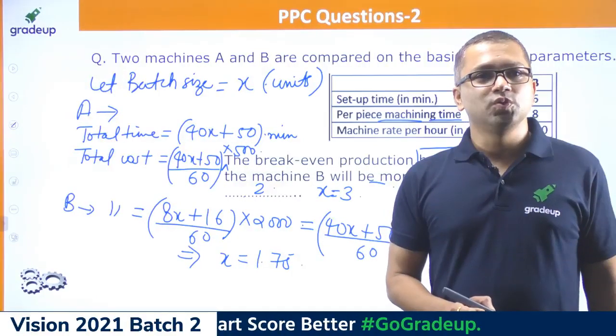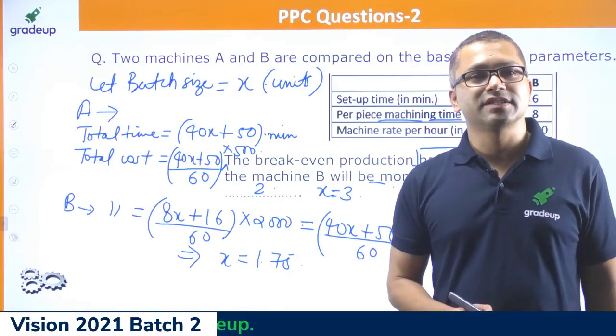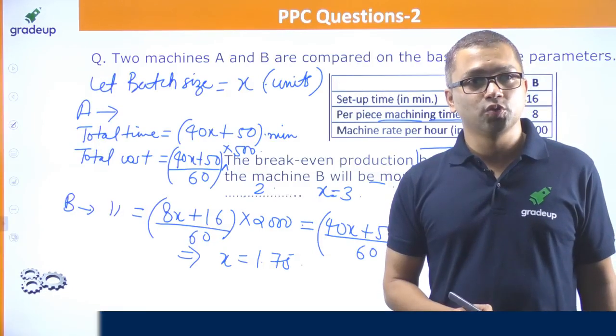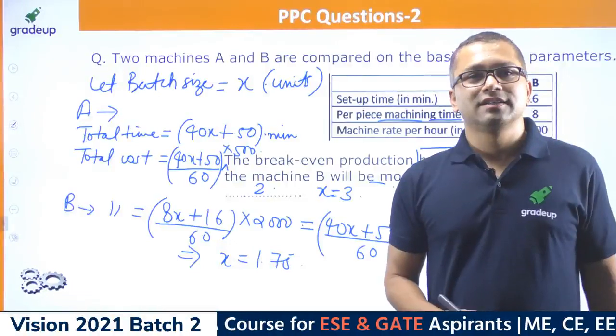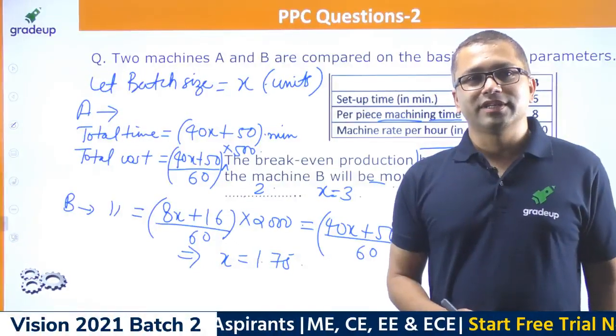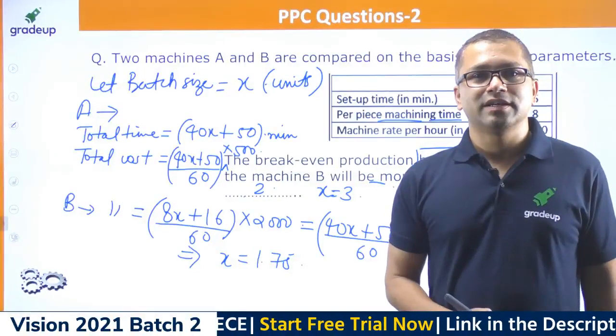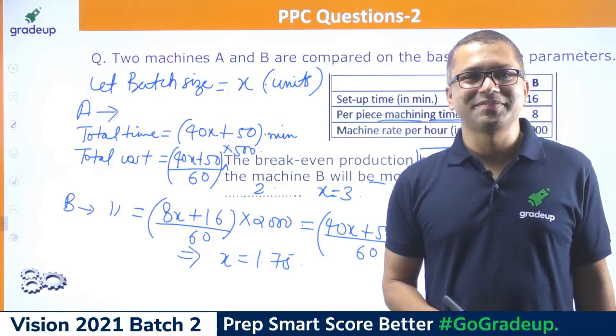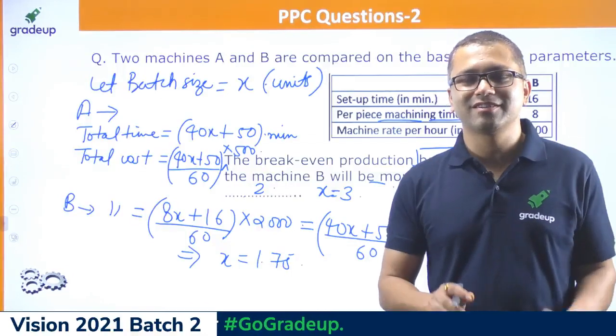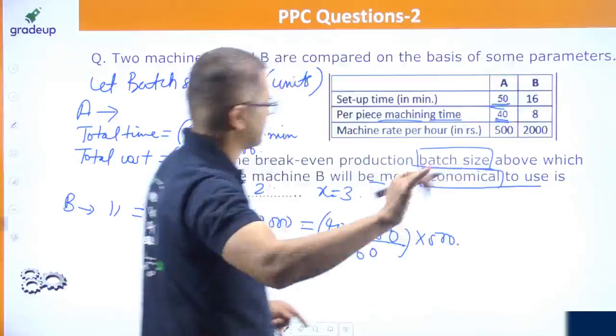Okay, below 2, A is more efficient. Below 2, A is, what about more than 2? Okay, common sense is not that very common. So what did we learn through this?